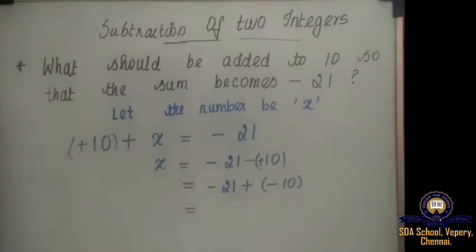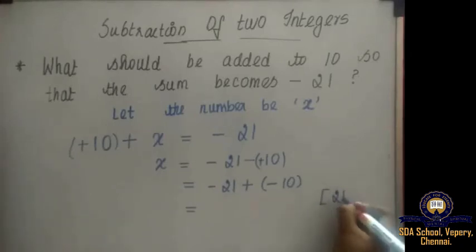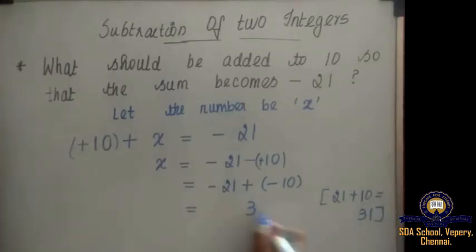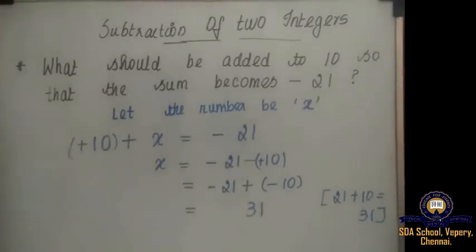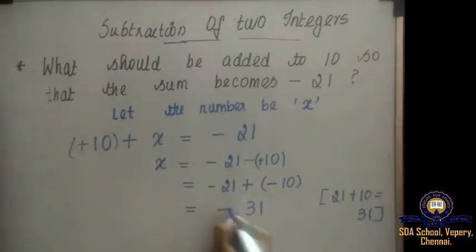So what is the absolute value of minus 21? It is 21 and the absolute value of minus 10 is 10. So 21 plus 10 will give 31, and you have to put the same sign. Both the integers have the negative sign, so it will be minus 31.